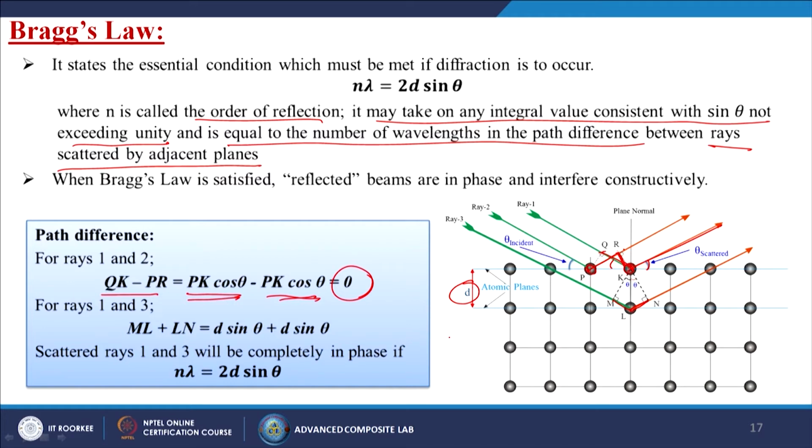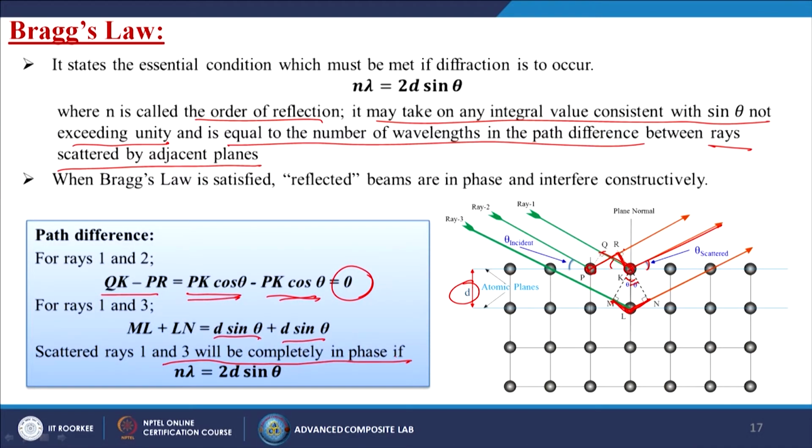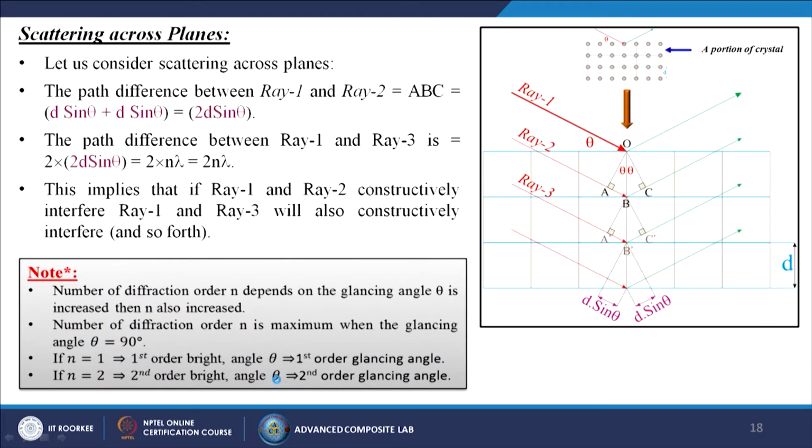This angle is also theta and this angle is also theta. ML is d sin theta, and LN is also d sin theta. So, ML plus LN is 2d sin theta. So, scattered rays 1 and 3 will be completely in phase if n lambda is equal to 2d sin theta.